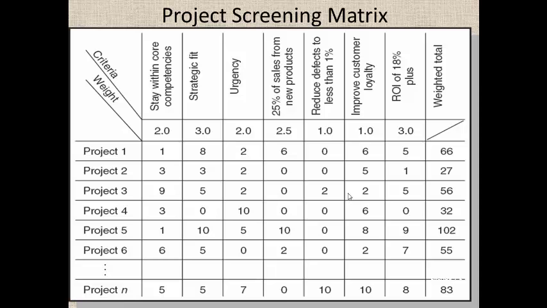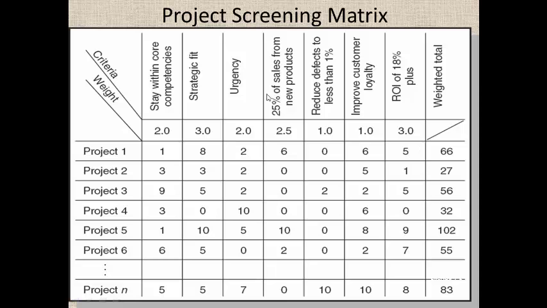Improve customer loyalty. After executing the project, will you be able to improve customer loyalty? What is the rate of return on investment, ROI, of 18% plus? Whether you are able to get a return on investment of 18% plus, based on which you factor these things.